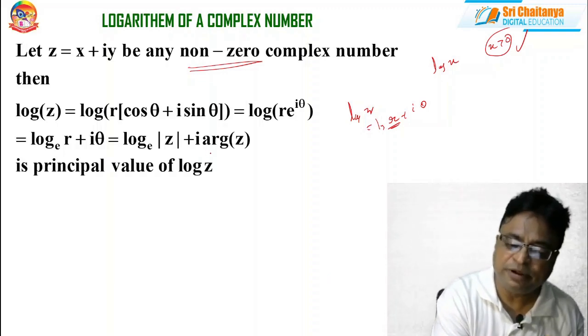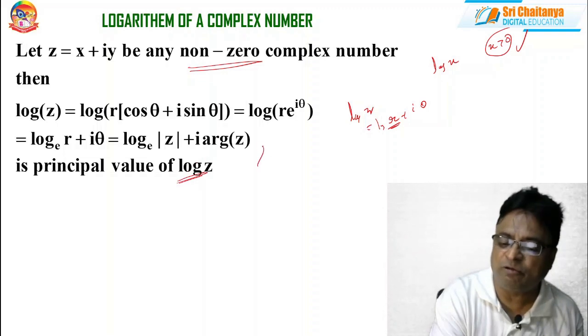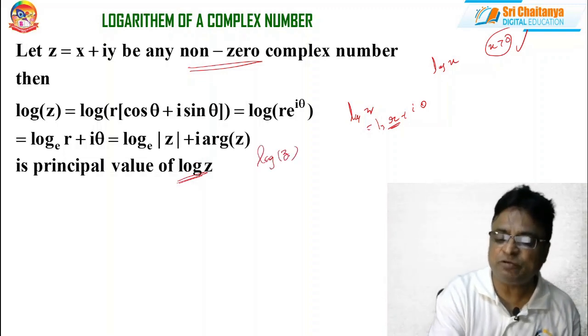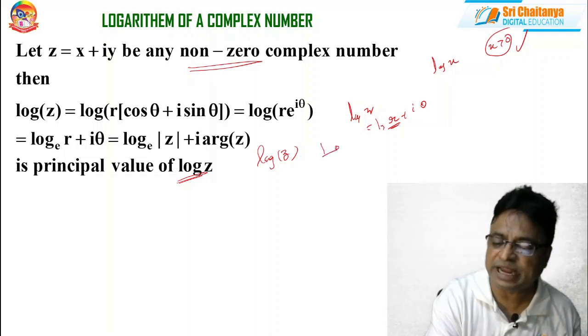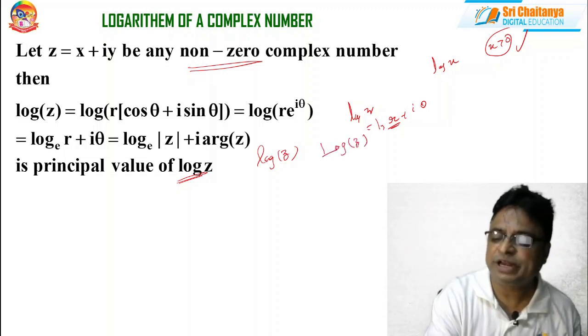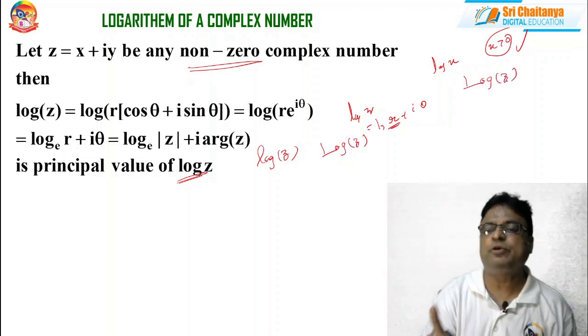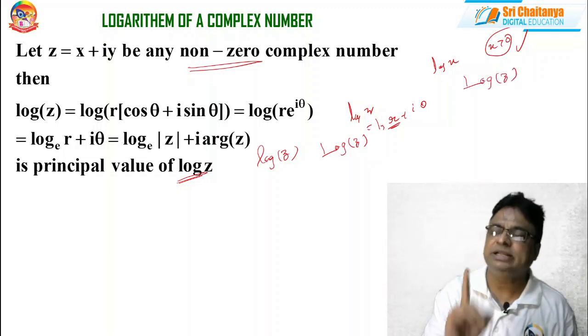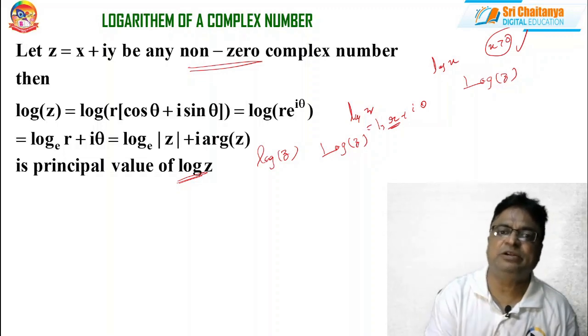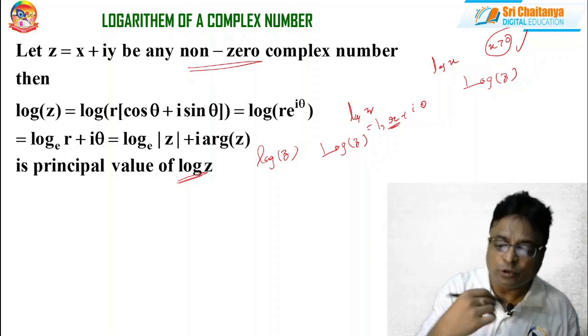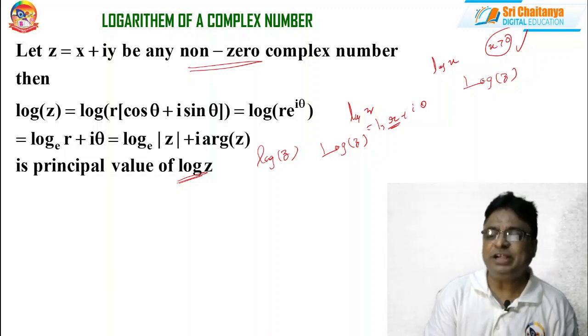The principal value of the logarithm of a complex number is represented with a small log z, whereas the general value of the logarithm of z is represented with a capital Log z. So whenever they write capital Log of z, you have to understand immediately that they are asking you to find the general value. To find the general value, I just add 2k pi to the argument. Why 2k pi?